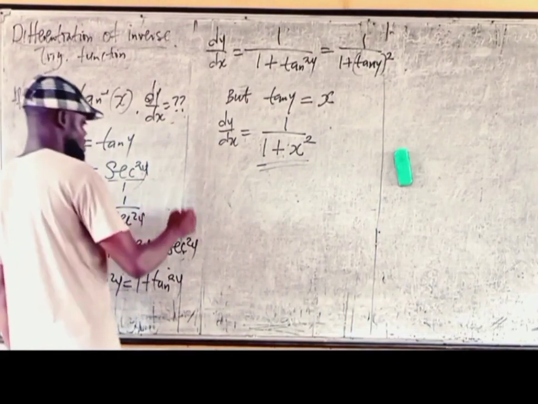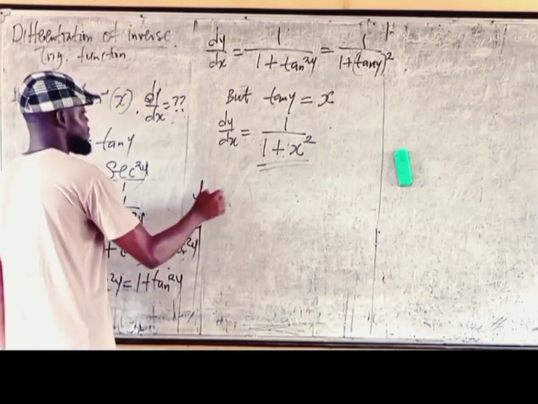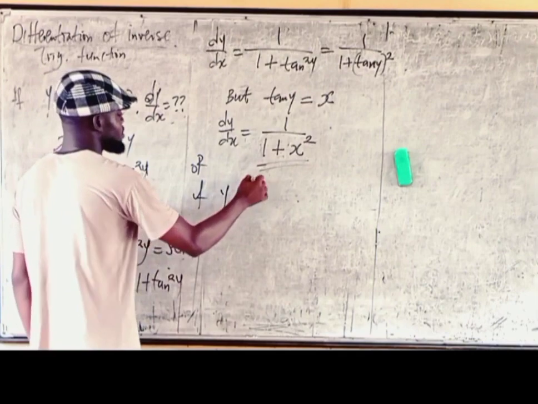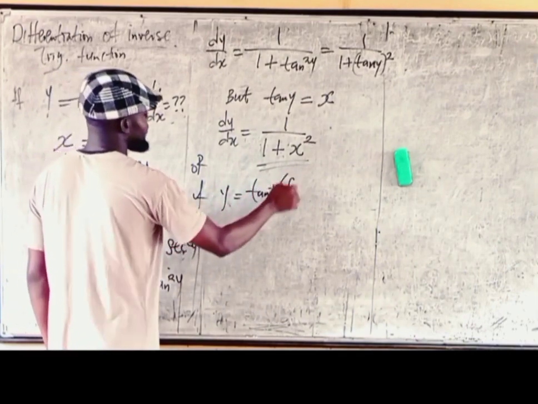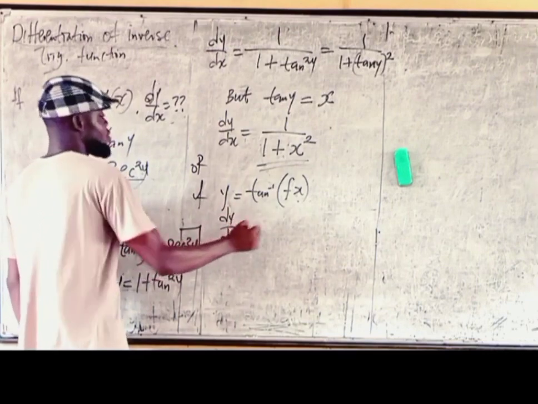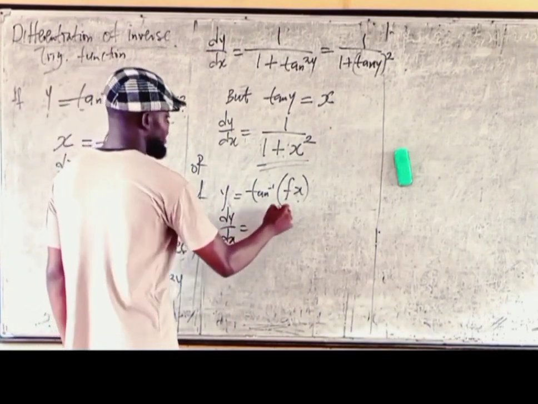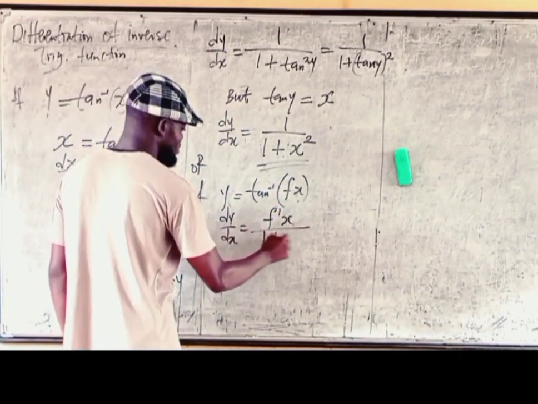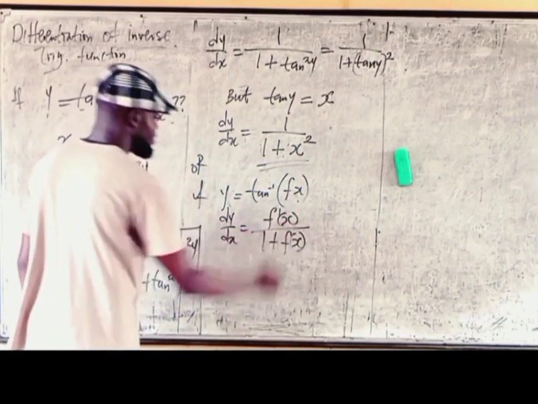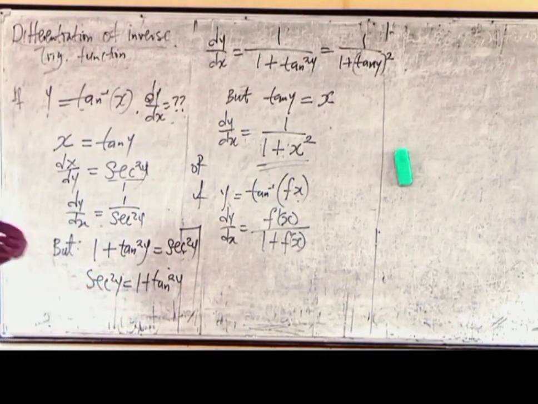You can also use this approach: if y is equal to the tan inverse of a function of x, dy over dx will be equal to f prime of that function over 1 plus the function of x squared. Remember, f prime means differentiate the function.